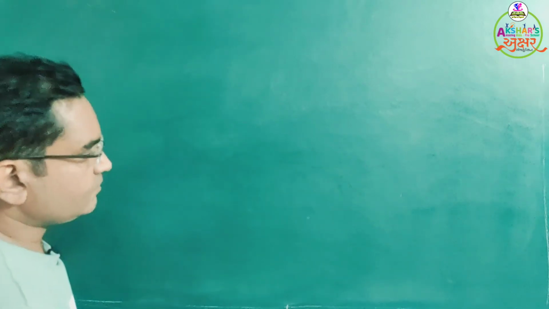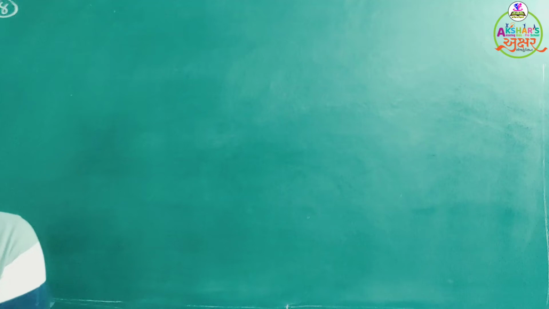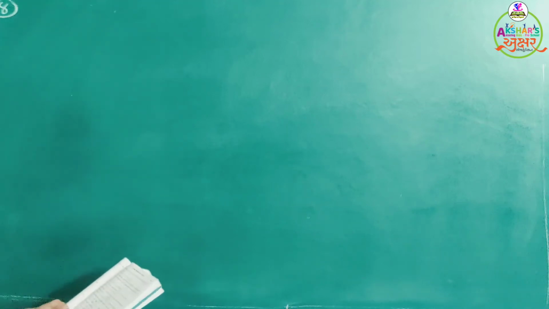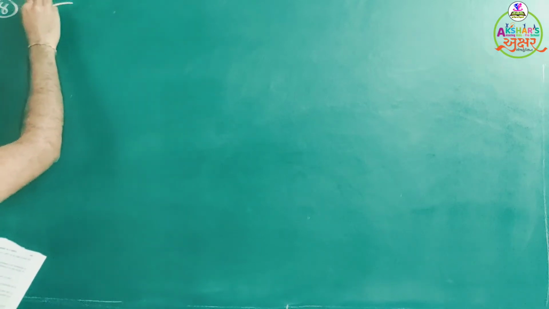Okay friends, now next question, question number 8. We are given that the length of minor arc AB of the circle is 1/4 of its circumference. A very good question is there.